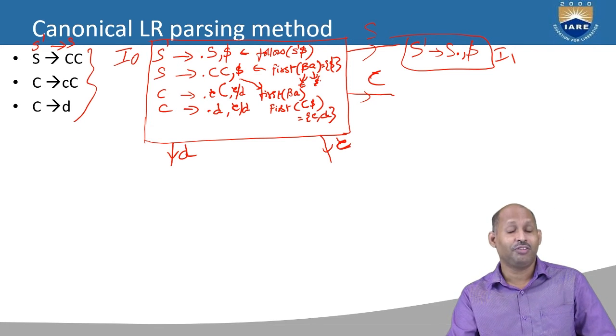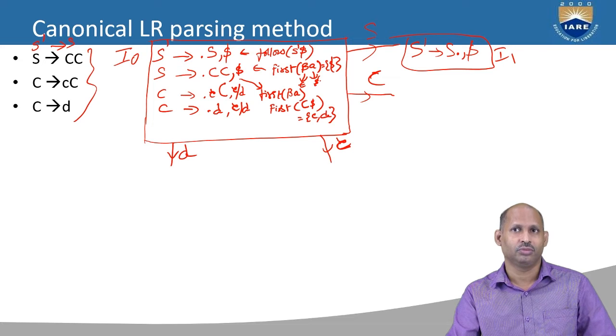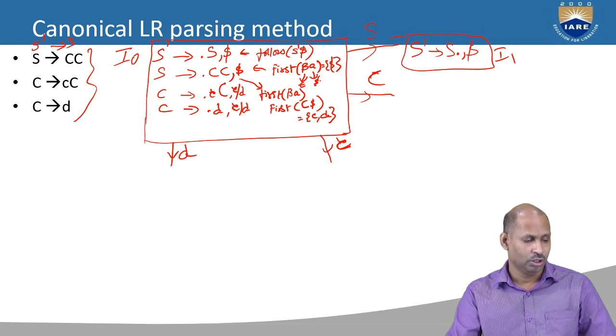Dot S becomes S dot on the goto operation of S. Now the dot is at the end, so we need not add any more productions in this closure group.